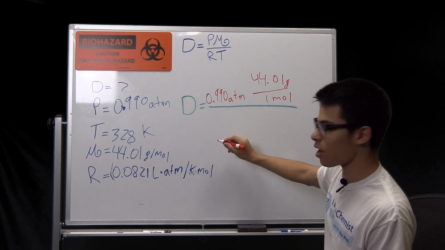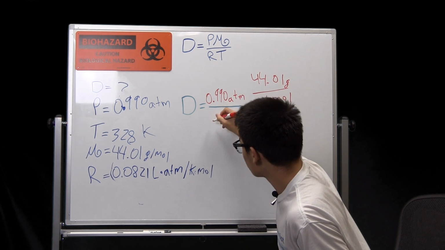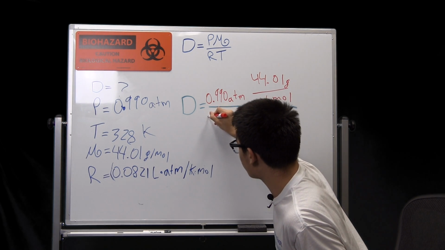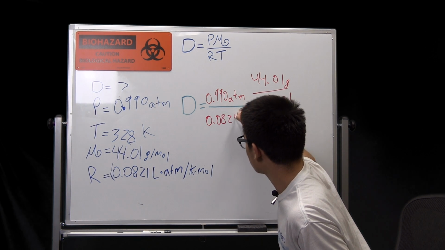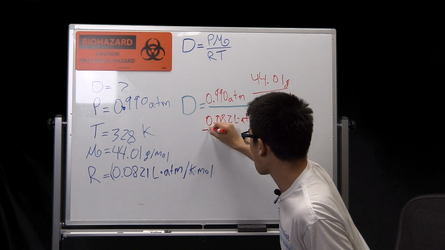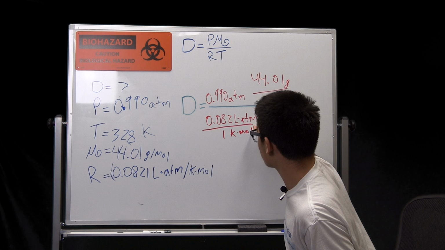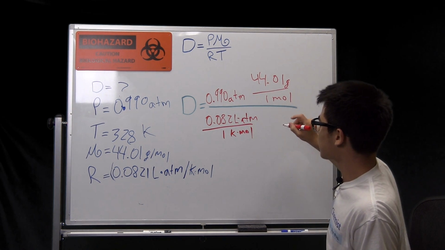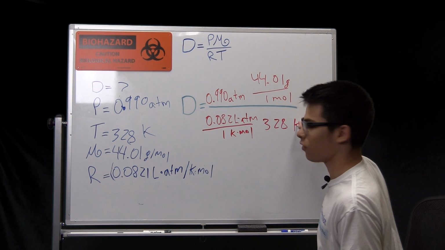I'm going to plug in our universal gas constant, which has really, really bad units: 0.0821 liter times atmospheres over Kelvin moles. And lastly, I'm going to plug in our temperature, which is 328 Kelvin.